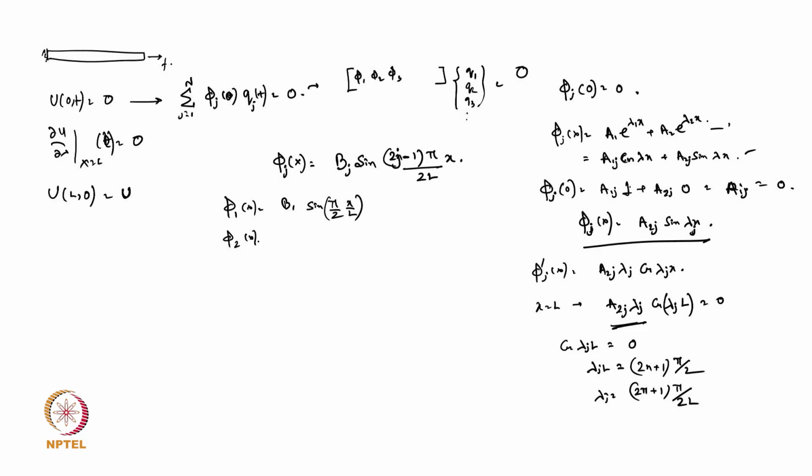What will be your second mode? Second mode will be b2 into sine, how much? Pi by 2, that will be 2 into 2 minus 1, that is 3. Make sense? So these functions will always satisfy your boundary conditions.